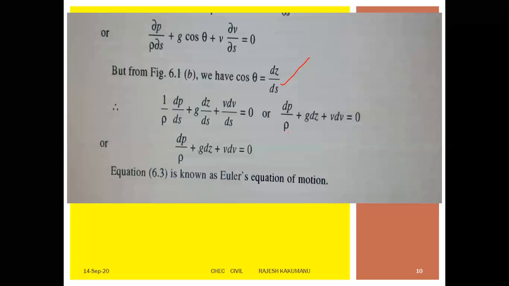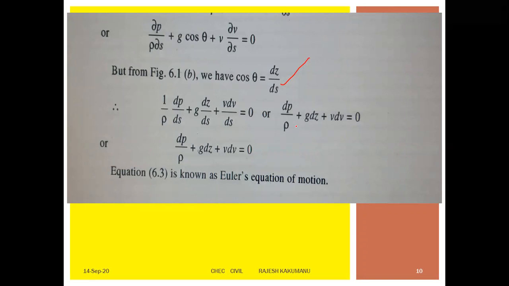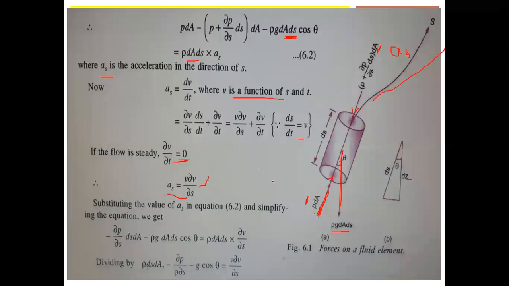Substituting this, 1 by rho dou p by dou s plus g dz by ds plus v dv by ds is equal to 0, or dp by rho plus g dz plus v dv is equal to 0. Equation 6.3 is known as Euler's equation of motion.